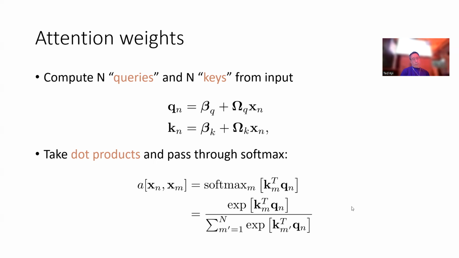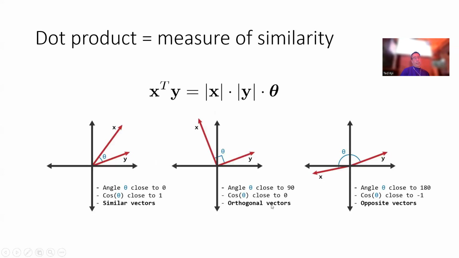We're not really going to go into the math that much, but the idea is we're going to use dot products. If you remember your linear algebra, or if you've seen this in other machine learning contexts, two vectors that are very close to each other, with a small angle close to 0, have a cosine close to 1.